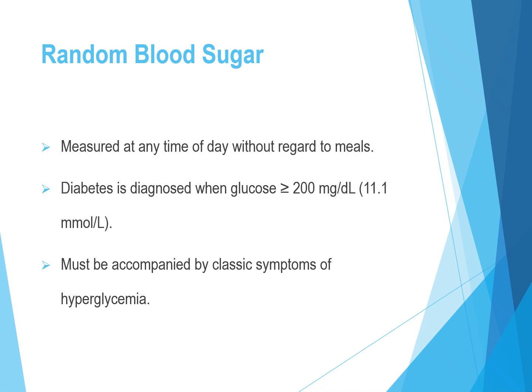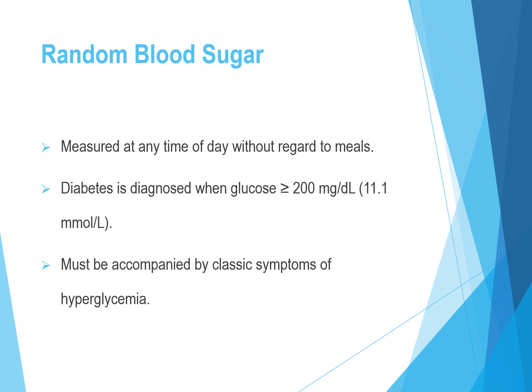Random blood sugar, or RBS, is measured at any time of day without regard to meals. Diabetes is diagnosed when the glucose value is 200 milligrams per deciliter or higher, together with classic hyperglycemia symptoms such as polyuria, polydipsia, or unexplained weight loss.